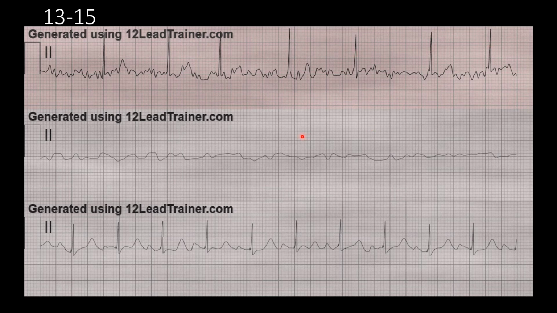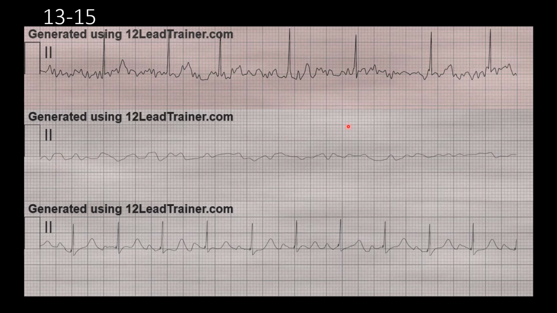So that's a rate of about 70. No discernible P waves, so we can't get a PRI. We have a narrow QRS, about 0.04 seconds, which tells us this is coming from above the ventricles. And with that we can determine this is atrial fibrillation or AFib, and this is controlled because it is under 100 beats per minute, so this is controlled AFib.